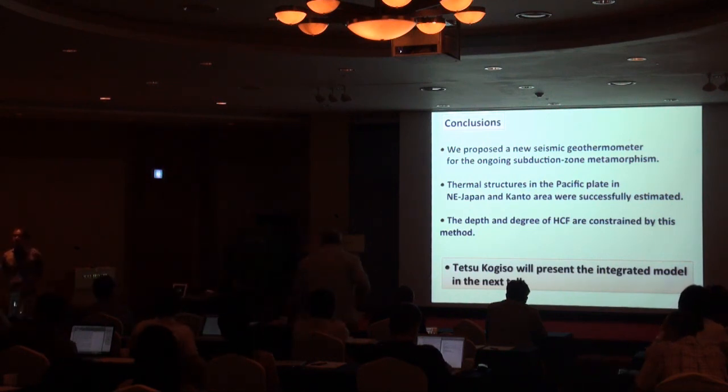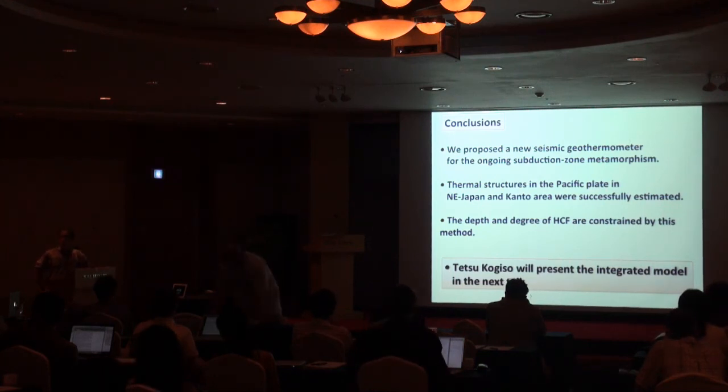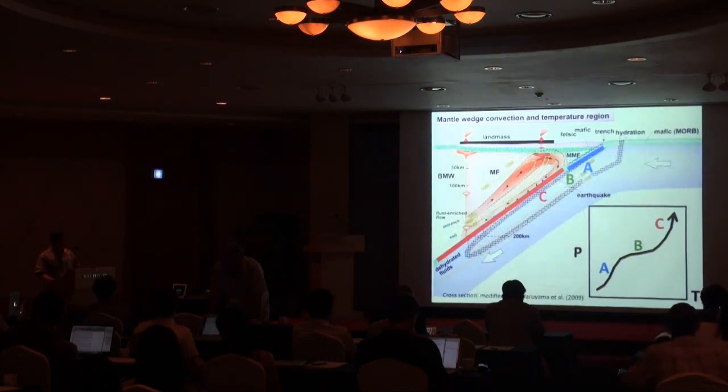Yeah, I have a question about your assumption. Many people argue intermediate earthquakes are related to dehydration. It's really hard to believe it. Many problems, but there's a relatively new paper by Chernak and Kirby.